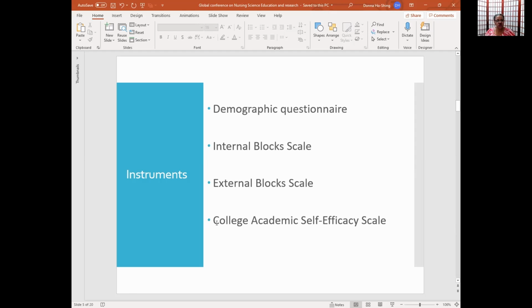And then I looked also at a self-efficacy scale, one that was really tied to academia, which was the college academic self-efficacy scale. And I did a descriptive correlational analysis.